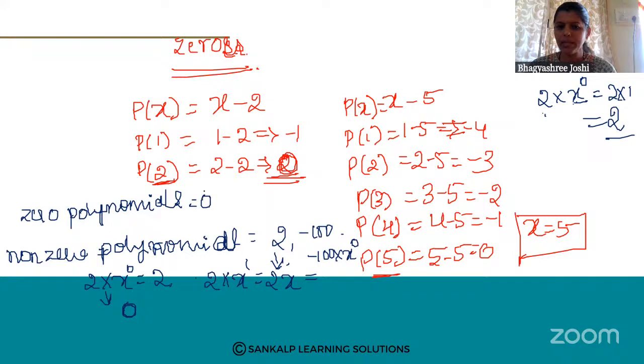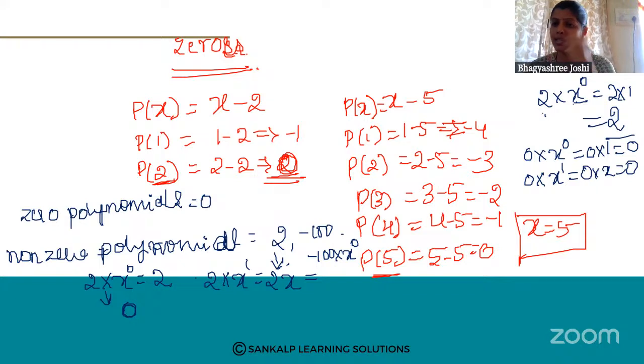Tell me the degree of this polynomial. If I write 0, what will I do? 0 into x raised to 0, where x raised to 0 is 1, and 0 into 1 is 0 only. 0 into x raised to 1, that is 0 into x, is equal to 0. 0 into anything is 0 only.